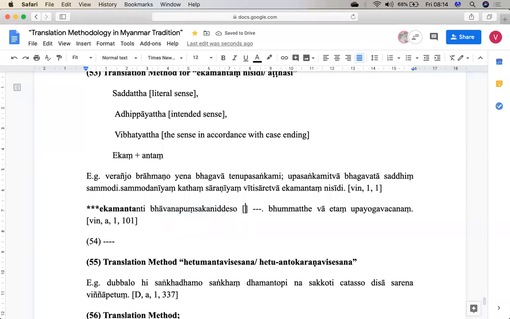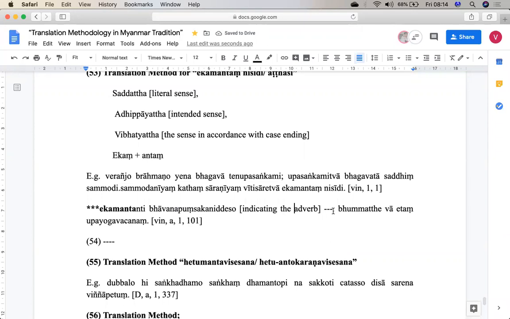So bhāvanapuṃsakanidesoti, indicating the adverb. So that means it is an adverb. Okay, that is one point.